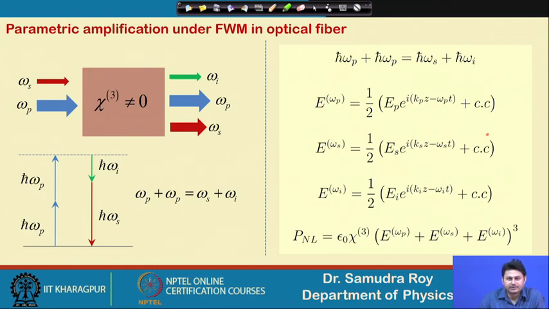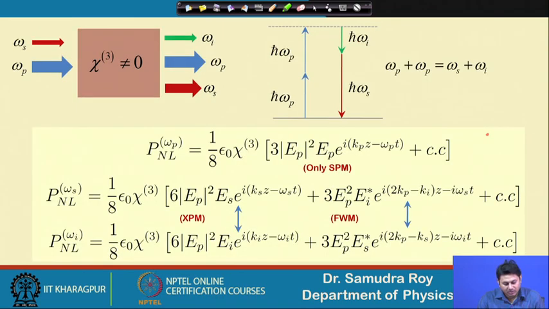Since three waves are associated and we are generating omega s out of that, it is essentially a four-wave mixing process. The important thing is to find the evolution of the electric field containing frequency omega s, that is the signal, and the corresponding source term.